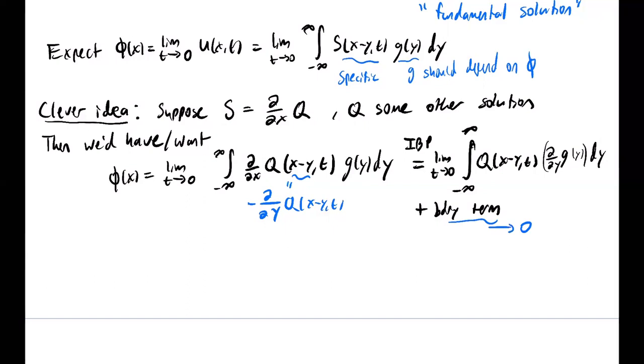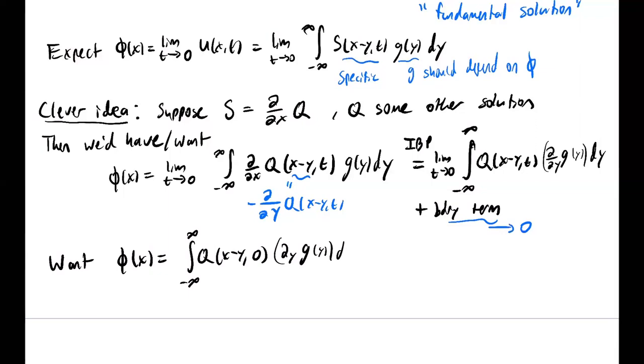Well, notice, let's pretend that the q isn't here for a second. I have the integral of a derivative of g, and I want that integral to be equal to phi of x. So I want phi of x equals, let's forget the limit for now, the integral from minus infinity to infinity of q of x minus y, let's say we just plug in 0 for t, times the derivative of g with respect to y.